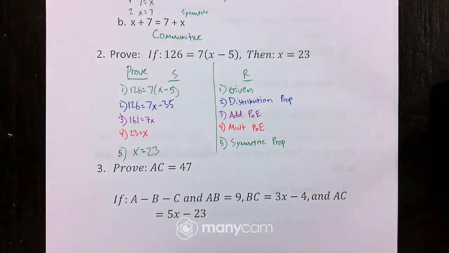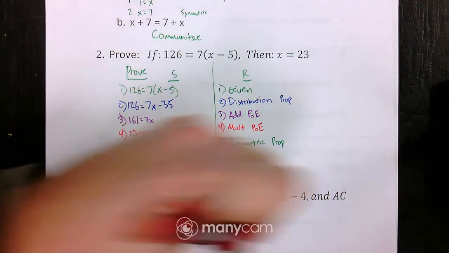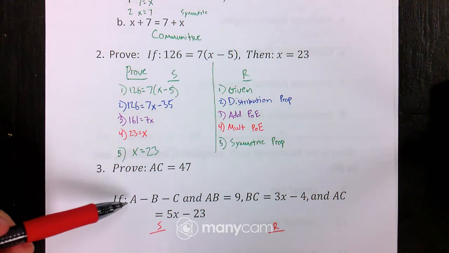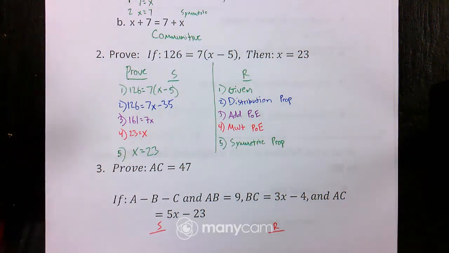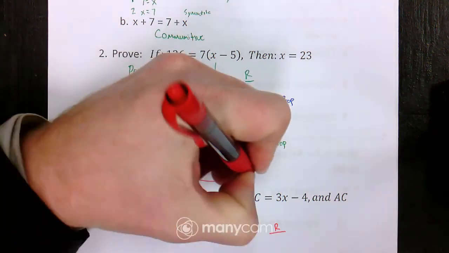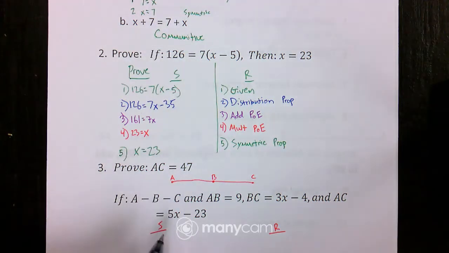Okay, so let's prove that AC equals 47. So now it doesn't give us the equation. We have to set up the equation ourselves. So there's a couple more steps here. We have our statement and our reason. So what does it tell me? I have ABC, so it's a line where B is in between A and C. That's what A dash B dash C means.